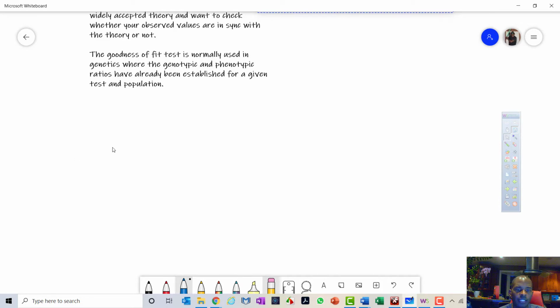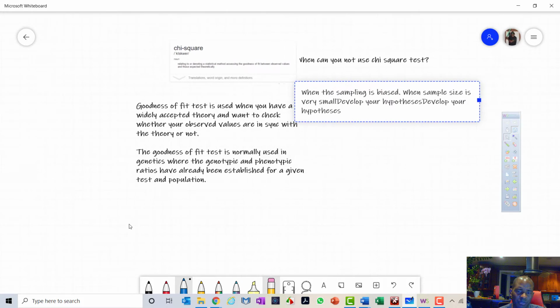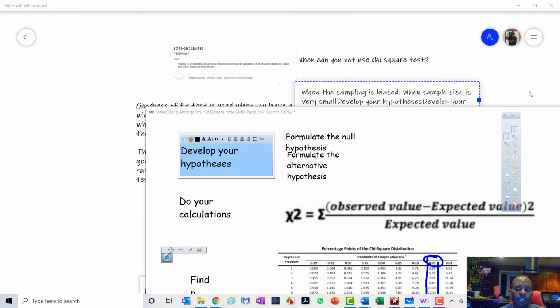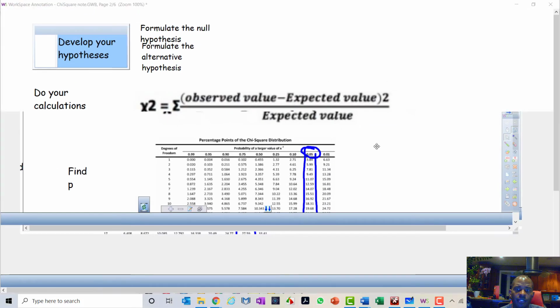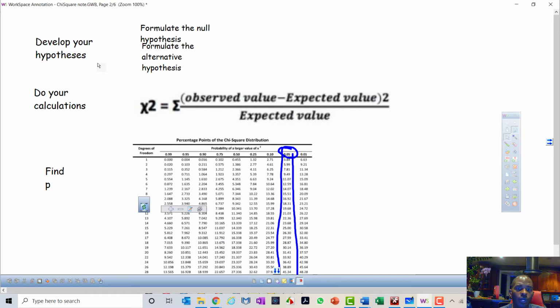You've done this in grade 9, you've done this in grade 10. Once you develop your hypothesis, then you're able to run the data to see if the results match your expectation.